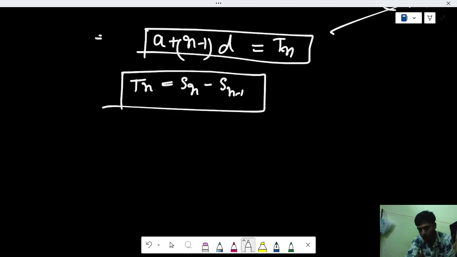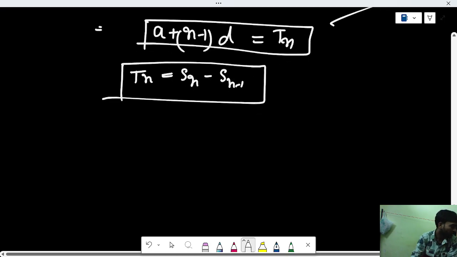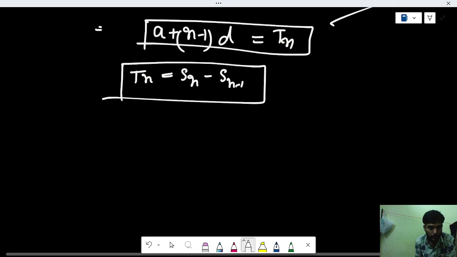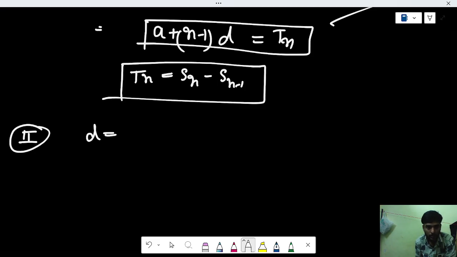The first property has been proved, and now we discuss the second property. The second property is d = Sn − 2Sn−1 + Sn−2.